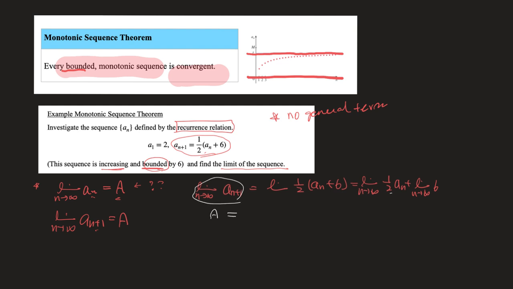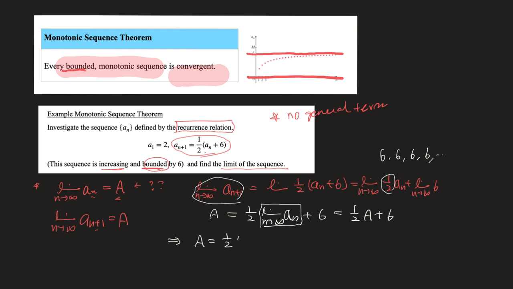A equals 1/2 outside, 1/2 times the limit of a_n, plus the limit of 6. Where does 6 go? First term 6, second is 6, third is 6, fourth is 6. This is of course going to 6, right? So we know this limit is going to be A again. This is A = 1/2 A + 6, right? Now, what do you have?